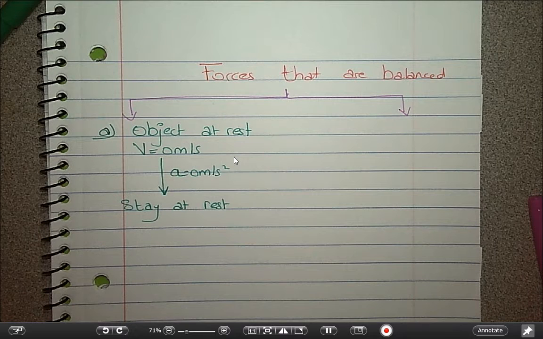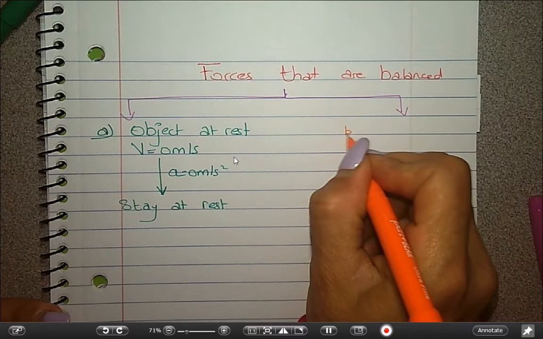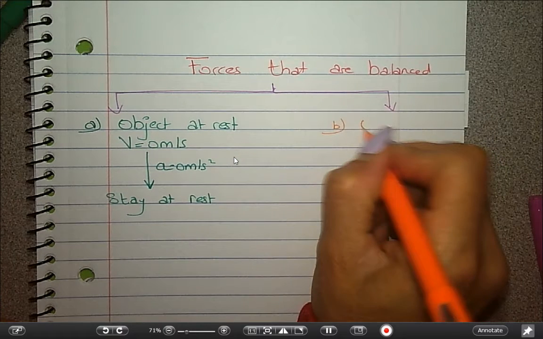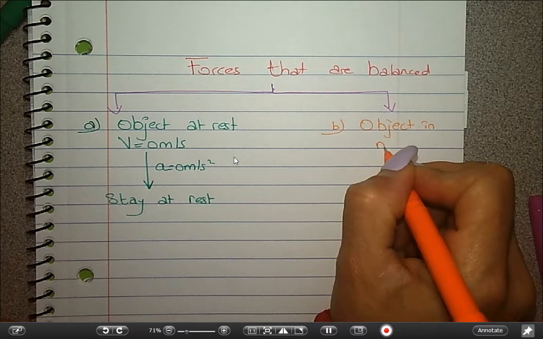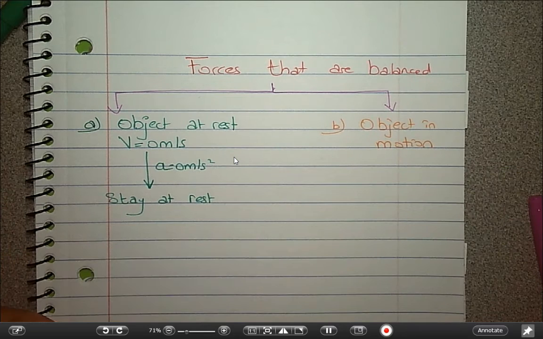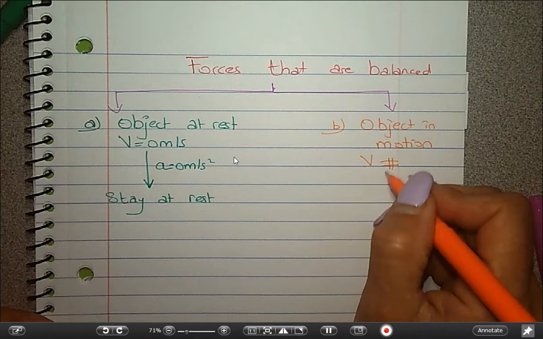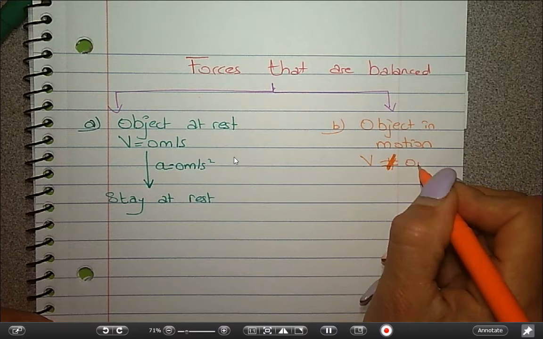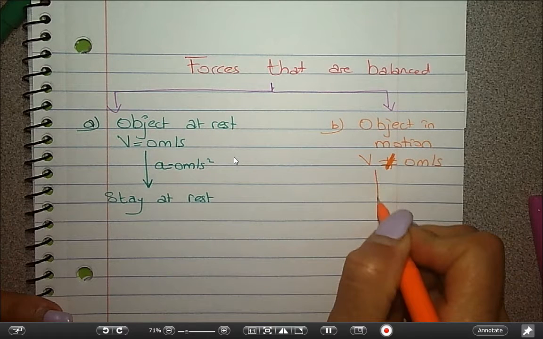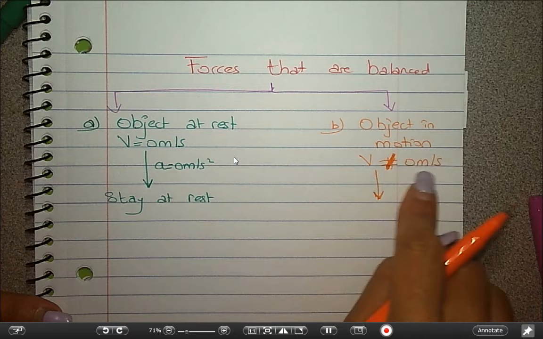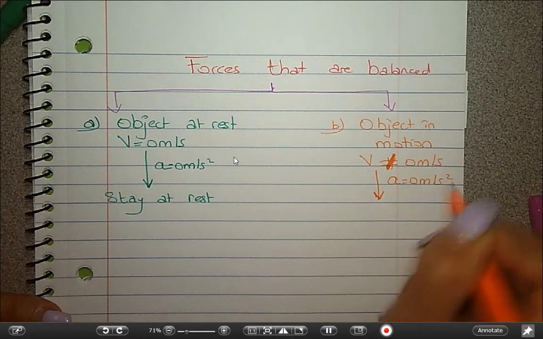All right, what is the other condition, or the statement, I should say. Objects in motion. So how is this translated when objects are in motion? That means their speed is not equal to 0 meters per second. However, there should be no change in the speed. So your acceleration should be 0 meters per second squared.